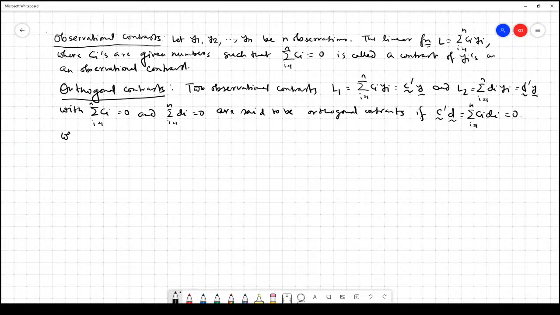When there are more than two contrasts, these are said to be mutually orthogonal if they are orthogonal pairwise.